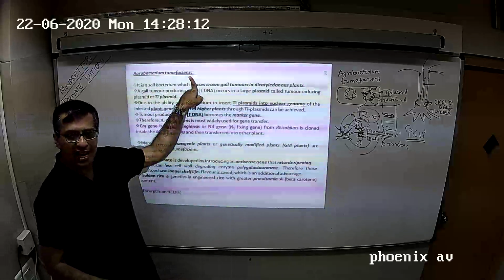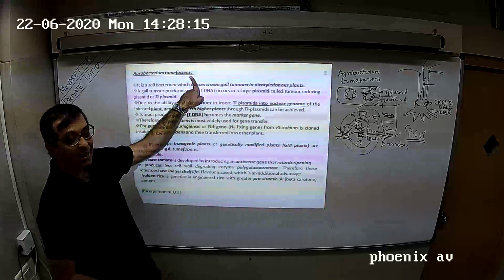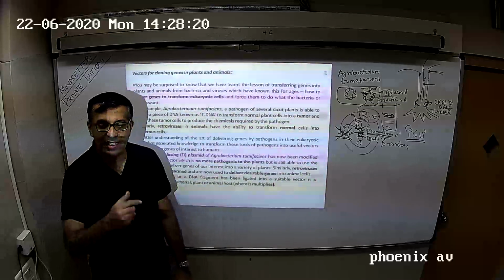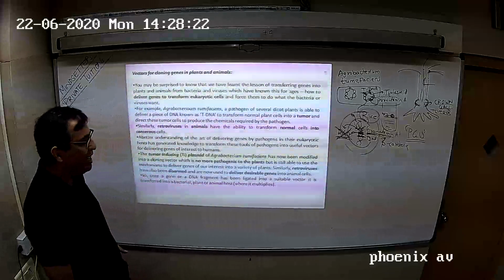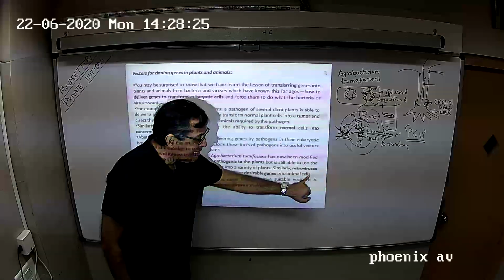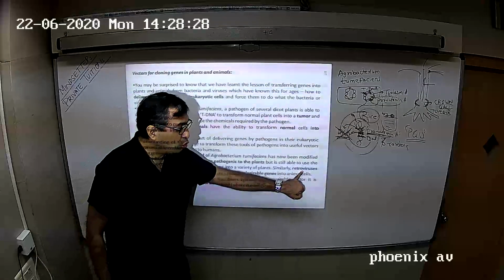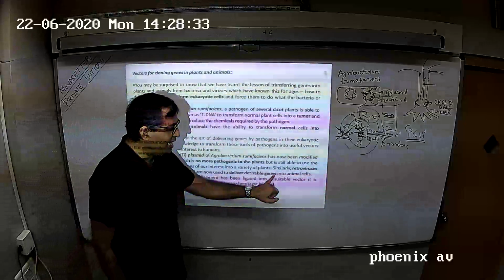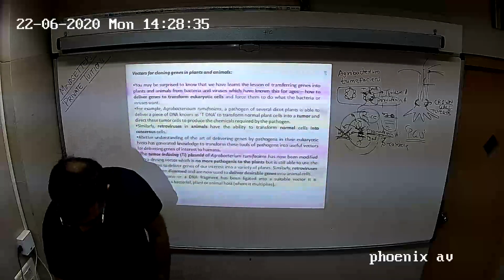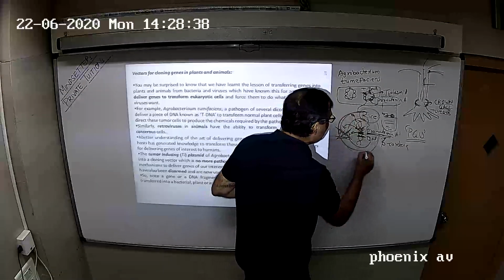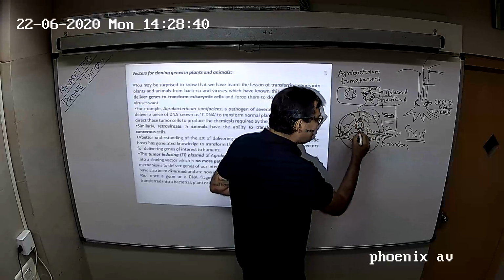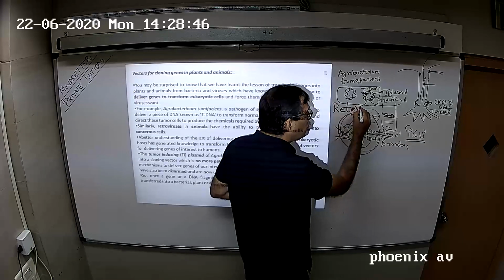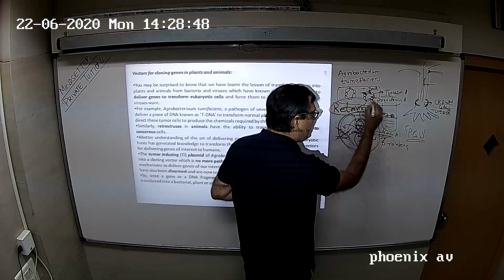Who is the natural genetic engineer of plant cells? Agrobacterium tumefaciens. So sir, plants we modify with Agrobacterium tumefaciens. Similarly, if animal cells have to be modified, retroviruses have been discovered and are used to deliver desirable genes into an animal cell. Suppose this is an animal cell, and into its DNA we have to introduce a foreign gene. Then what do we use? We use retroviruses.